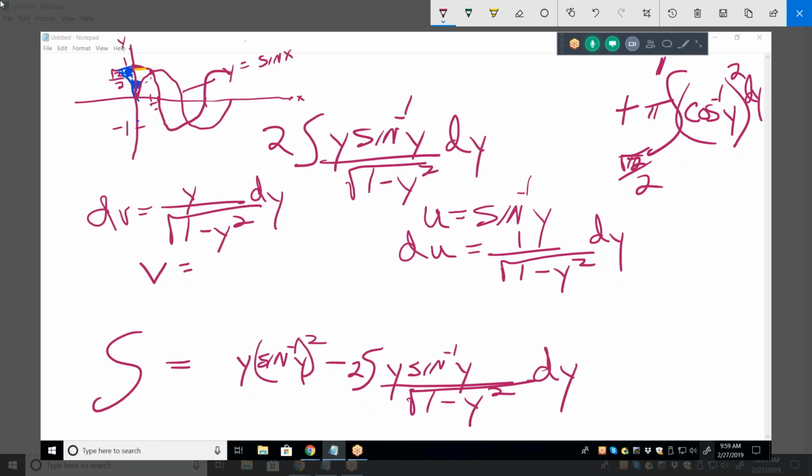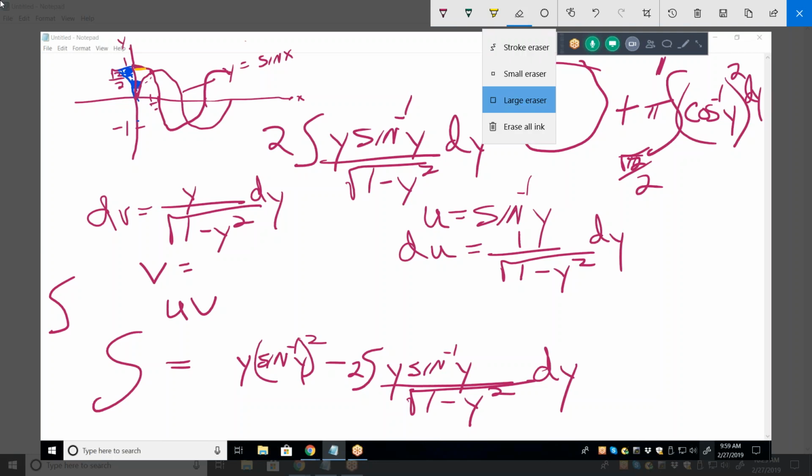Okay. So now, when we do our last uv, stay with me here, we're still taking this integral that we had up there. Right. Okay. And it's now equal to uv minus the integral of v du.